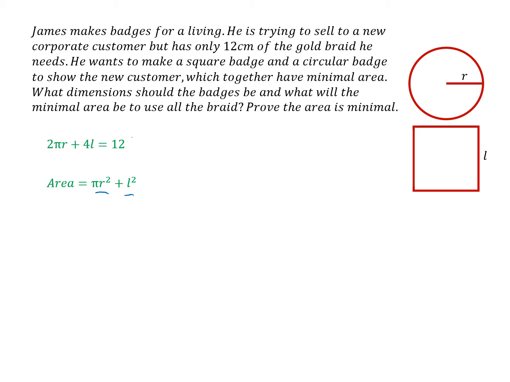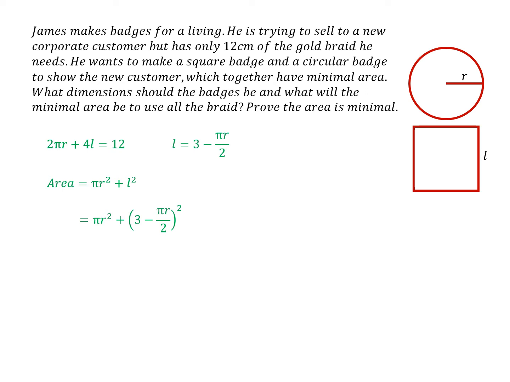So this is where the equation that I've written down here is going to come in handy. I'm going to make L the subject of that. And when I do that, I get this expression here. And then I can substitute that for L into this expression for the area.